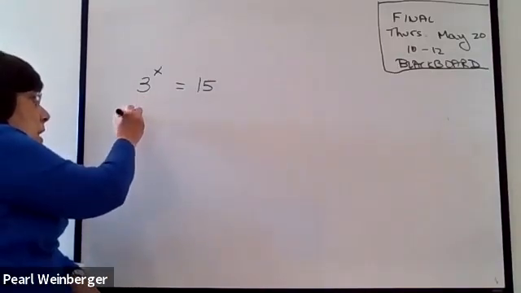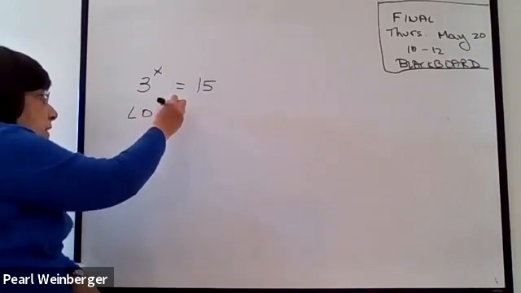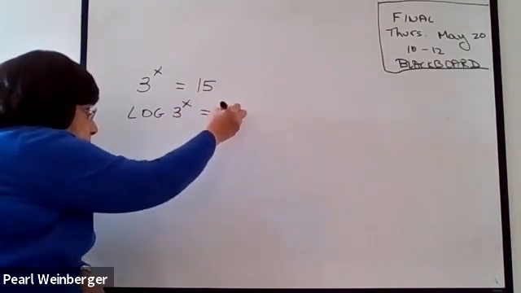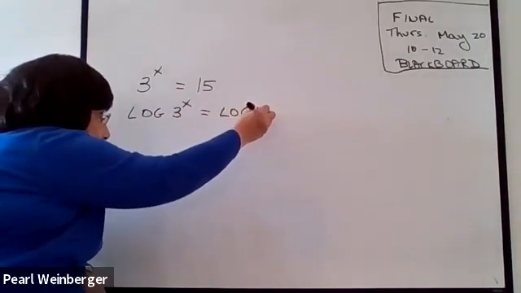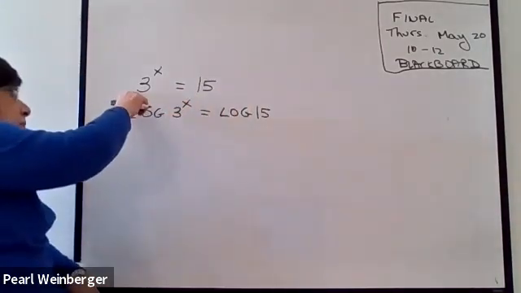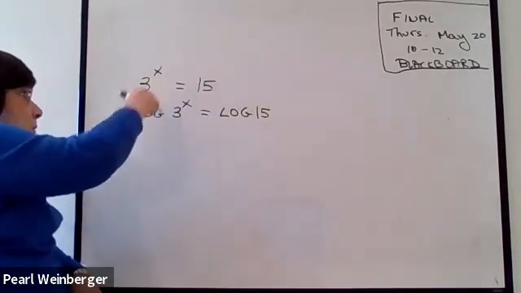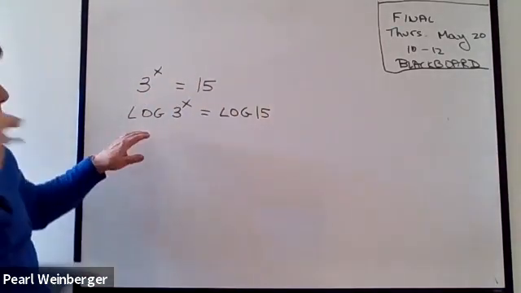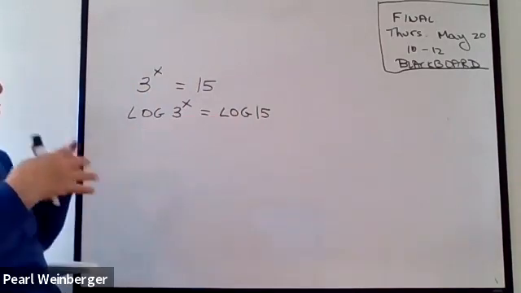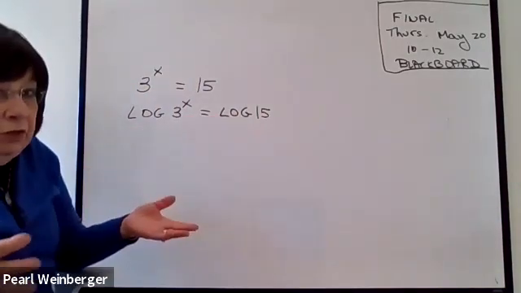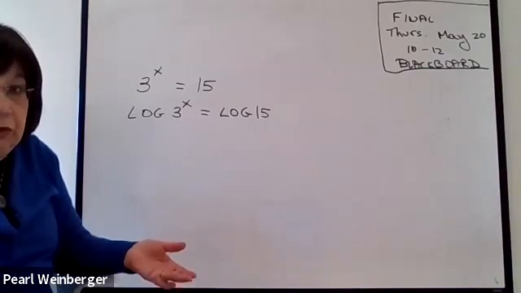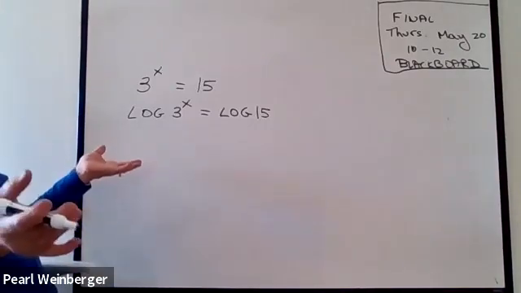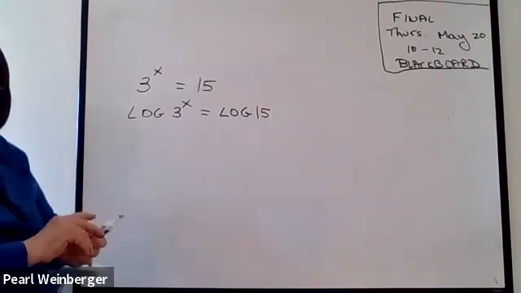Write the word log in front of each of these numbers, which makes sense. If 3 to the x equals 15, if I knew what the number is, I could put it into my calculator. They're the same number, so their logs, their exponents, remember the logs are exponents, are going to be the same number as well. Okay, that makes sense maybe, but why does it help us solve the equation?